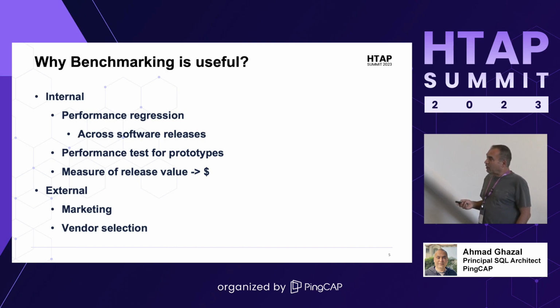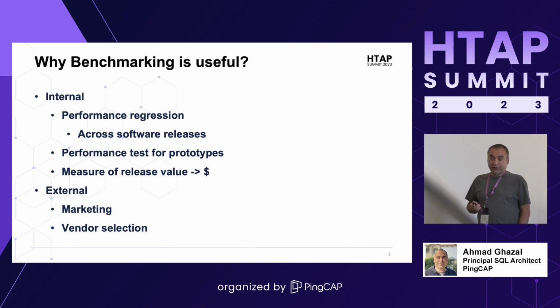So why is it useful? A couple of reasons. Internally, for DBMS solutions, people use it for performance regression. You have a release. You could have daily performance regressions, release-based performance regressions. And sometimes engineers build prototypes. They want to get an early check on whether they're causing a performance regression on their prototype.